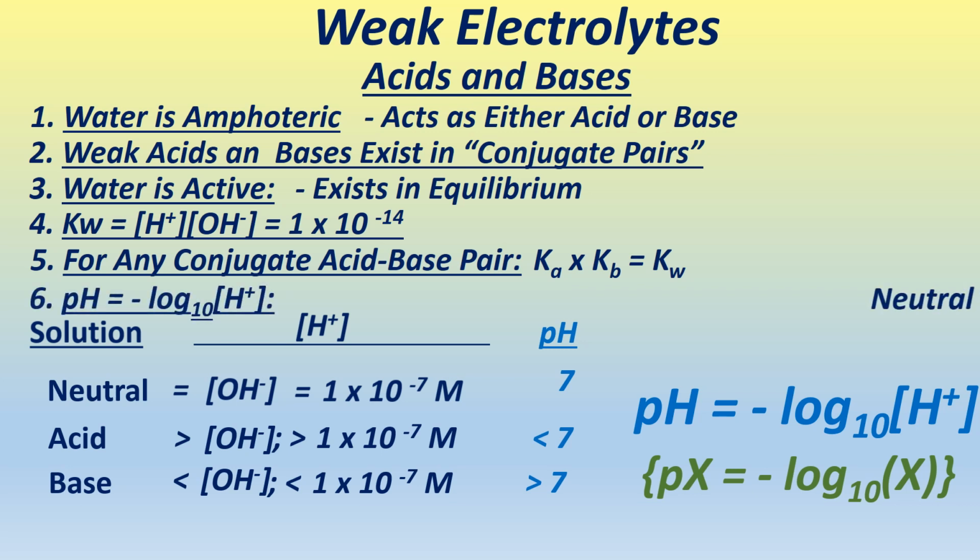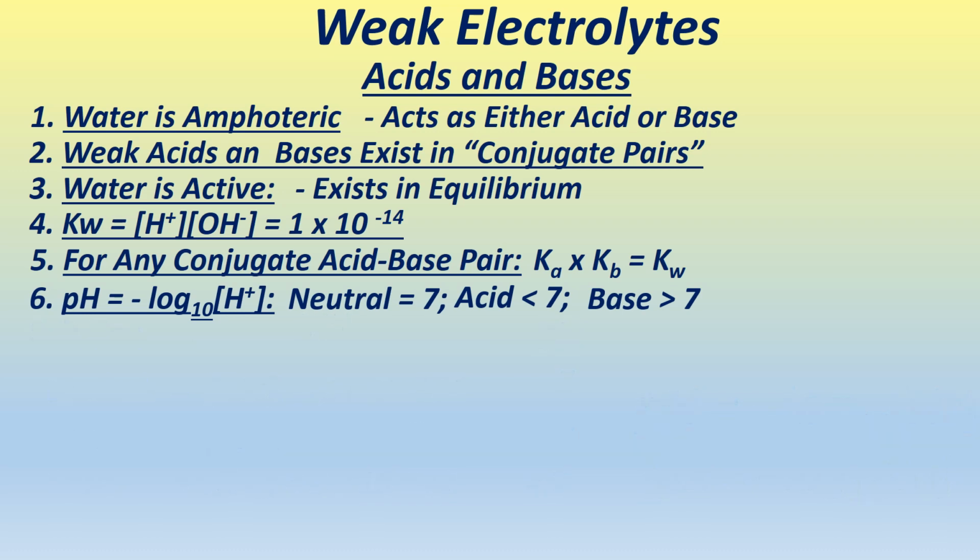So there are 6 things to remember of acid-base solutions. First is water itself. It can act as either an acid or a base. It exists in equilibrium and has its own equilibrium constant. All acids and bases only act as acids and bases when they are in water.